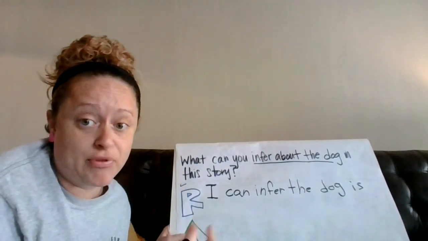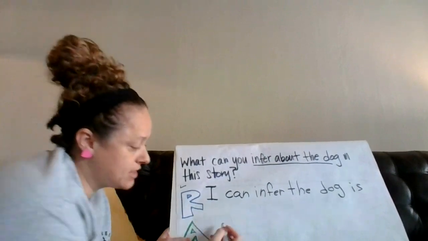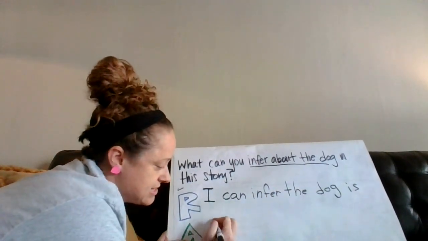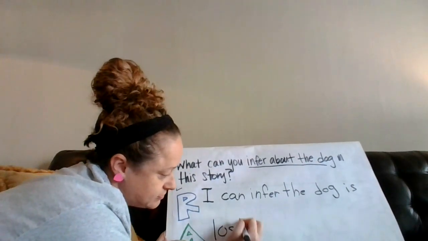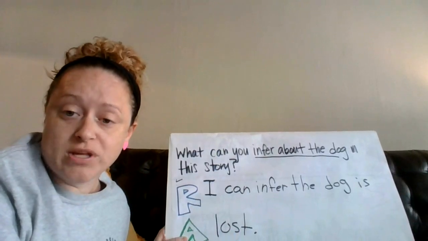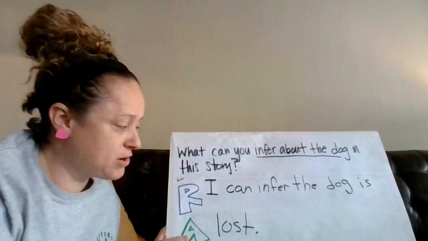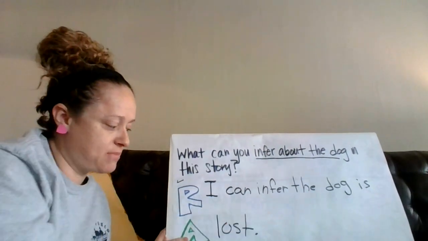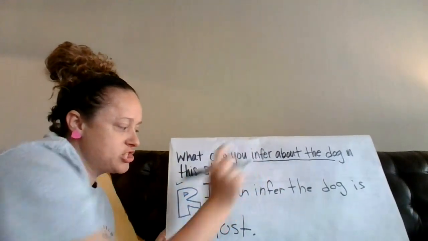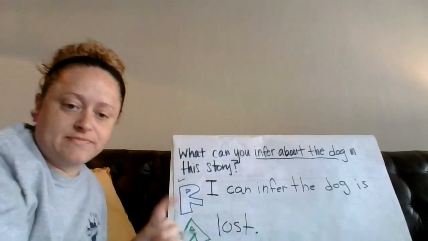So I'm going to write, I can infer the dog is lost. On the packet, I've rewritten the whole entire sentence step by step, but for purposes of our lesson, I'm just going to keep on rolling. So I have written restated words from the question, and I've answered the question.